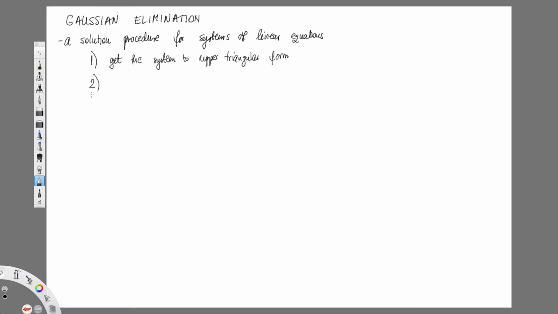And the second part is then use the basic back substitution to solve the problem. The last equation will be very simple. It will involve only one variable, so I can solve it and then keep plugging that solution into the equations above that. So use back substitution to solve the system.